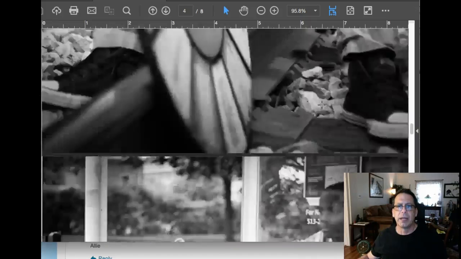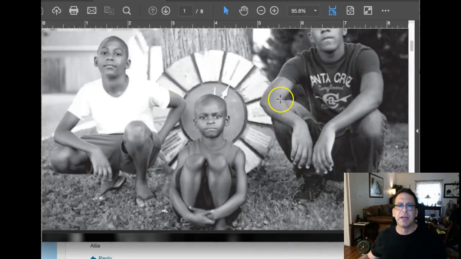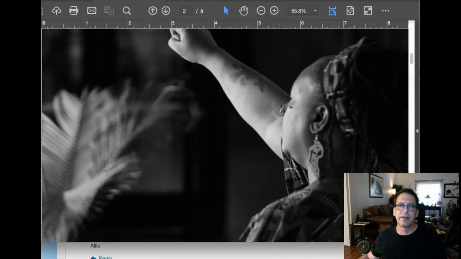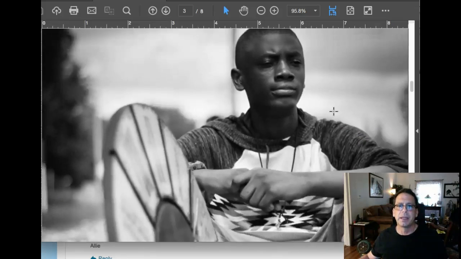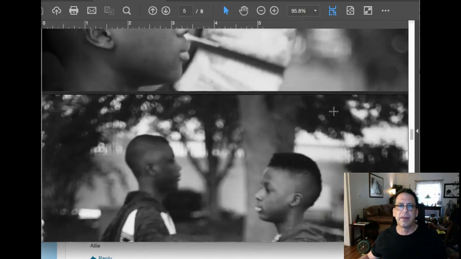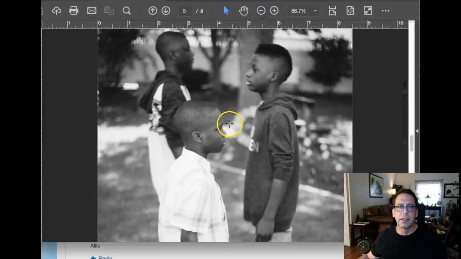Okay, let me just take another look. Let's talk a little bit about focus. This image, I think, is one of your strongest images, if not the strongest. This is also a very, very strong image. Okay, this image here is really out of focus. It seems like your focal point is set right here, but from there, the selective focus gets really faded out.